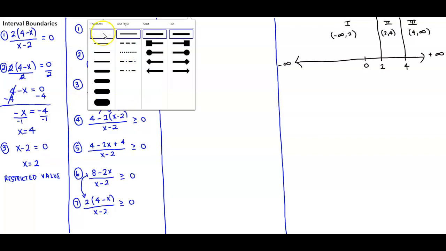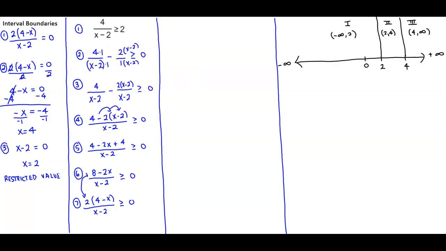So now we can use step number 7, which is 2 times 4 minus x divided by x minus 2 as our testing interval. So for interval number 1, we're going to pick the easy value, which is x equal to 0, and then plug that in.